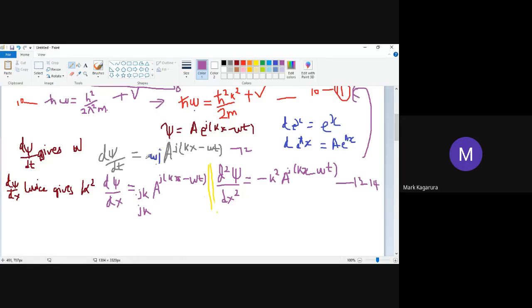So omega will be, so you have h bar. Omega will be 1 over j, or negative 1 over j, d phi dt.